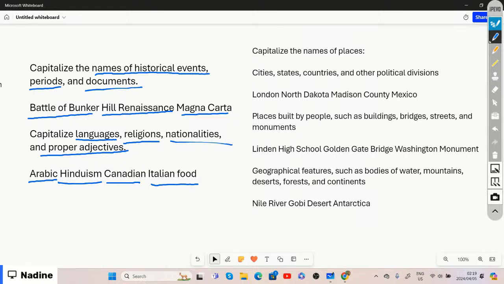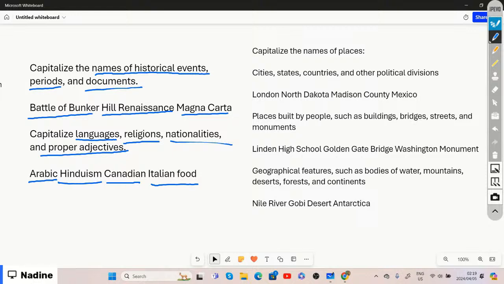All right. And remember, when it comes to names of places, right? Cities, states, countries, those are words that need to be capitalized, right? And then we also have places that were built by people such as buildings, bridges, streets, and monuments, right?